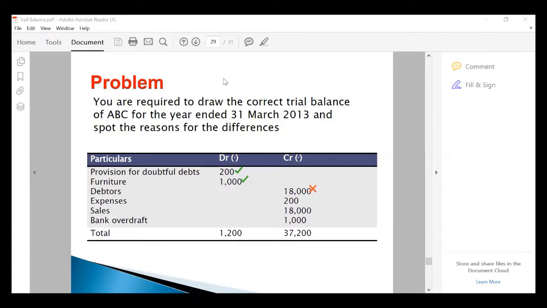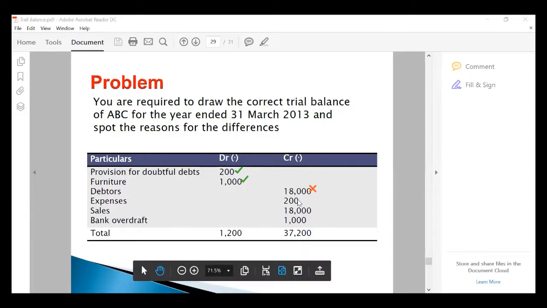Right. They should come here. Expenses is in debit. This comes here, credit.